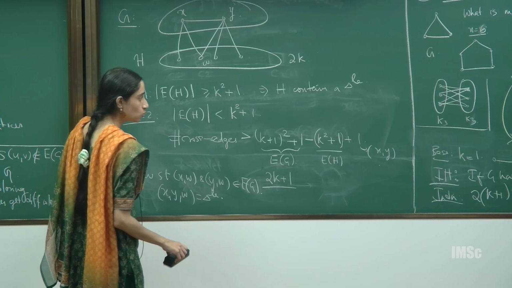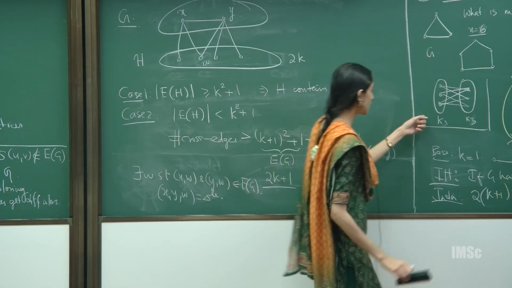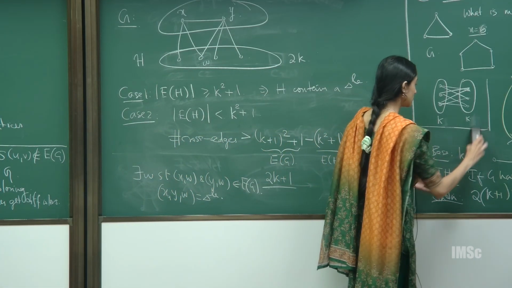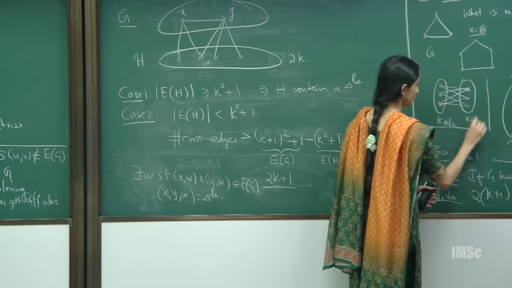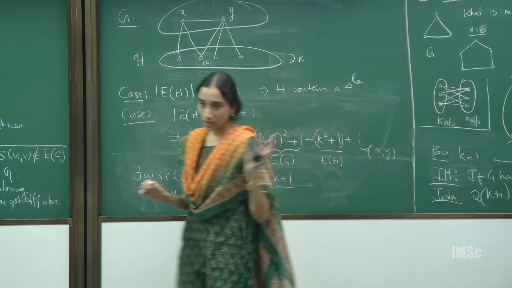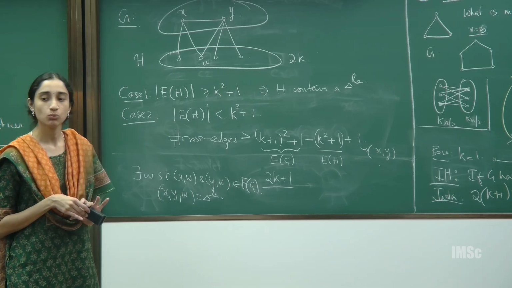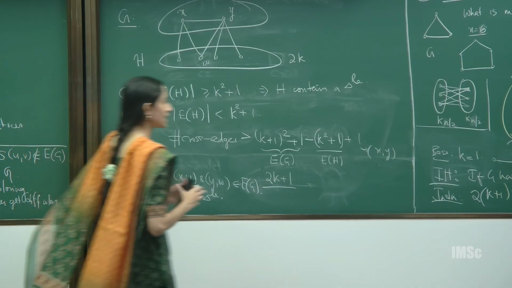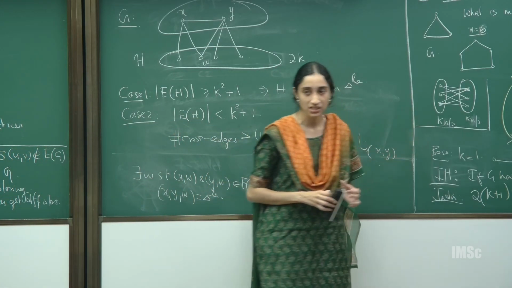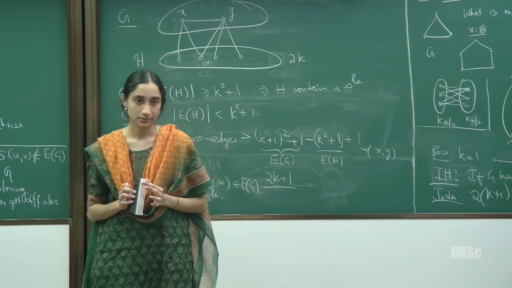The discussion is telling you that here is an example of a graph, K n by 2, n by 2, with n square by 4 edges that did not contain a triangle, and this is the best you can do. If you add one more edge to not only this but any graph that is as dense as this, it will contain a triangle.